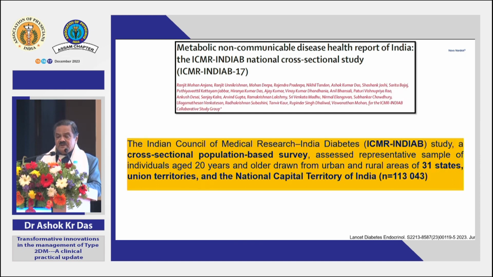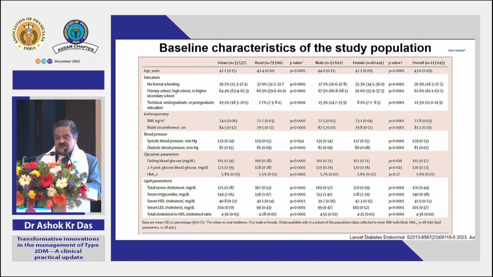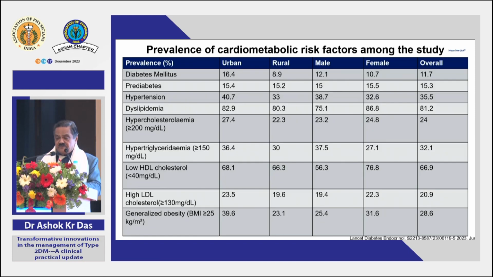Therefore, when we did the in-depth study, and Sanjeev knows about the study, we wanted to screen 124,000 people. Dear friends, it has been held as one of the largest ever studies in diabetes mellitus.